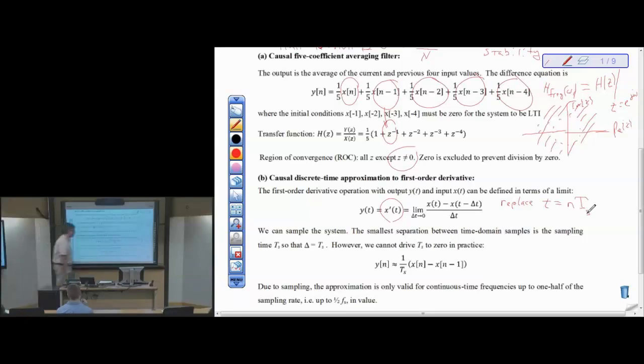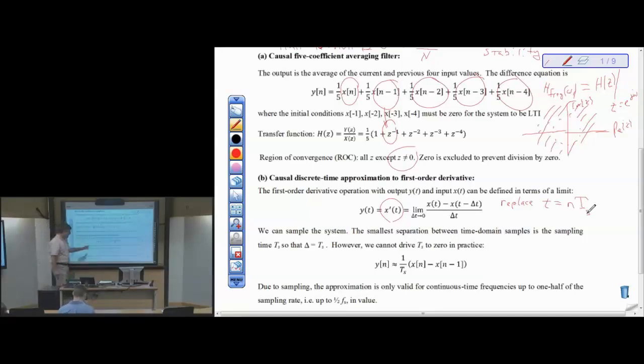The smallest separation between samples in the continuous time domain is the sampling time t sub s. We cannot make that 0, but we can make that small based on how we choose the sampling rate. Higher sampling rate means a smaller sampling time.